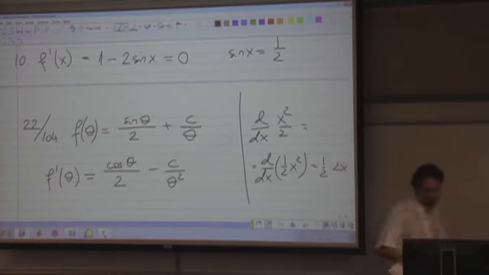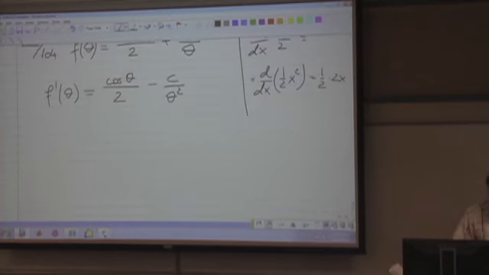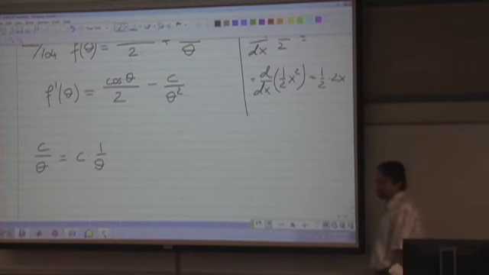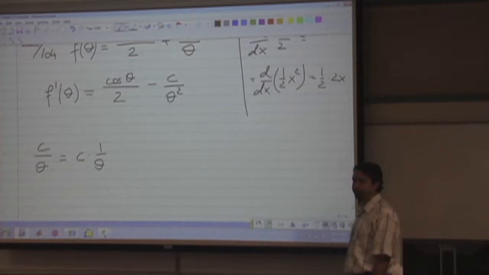If you really want to be creative and bust out the quotient rule, I guess you can. Just keep in mind that the derivative of c is 0 because it's a constant. So the idea is that c over theta is just c times 1 over theta, and c is a constant. Does that make sense? Okay. What else?